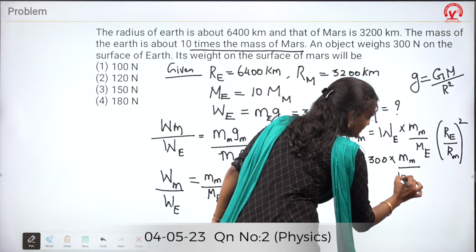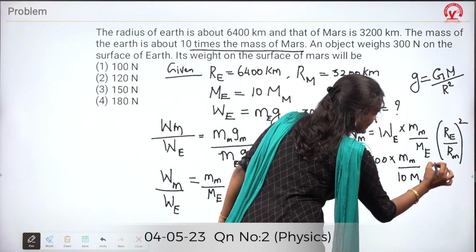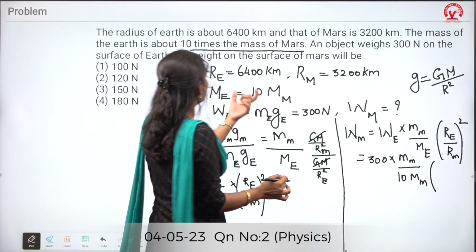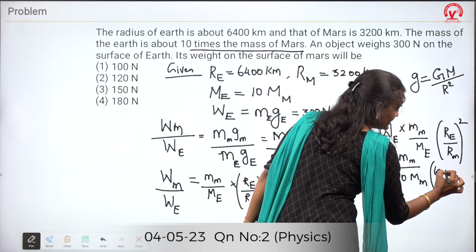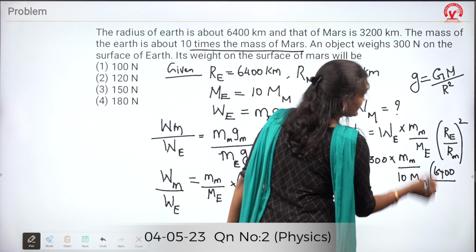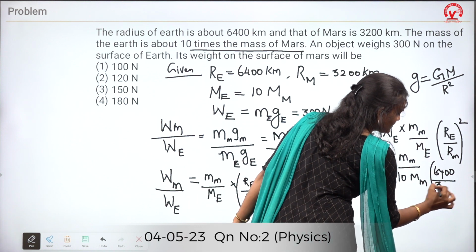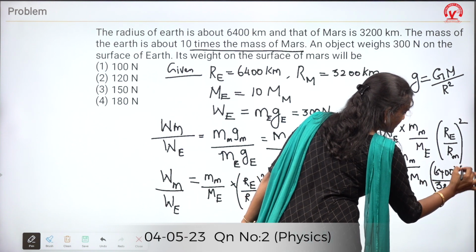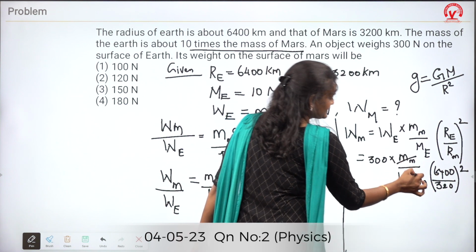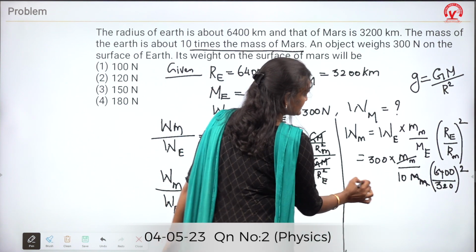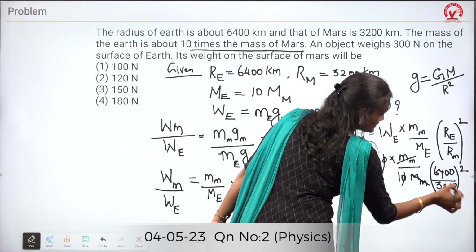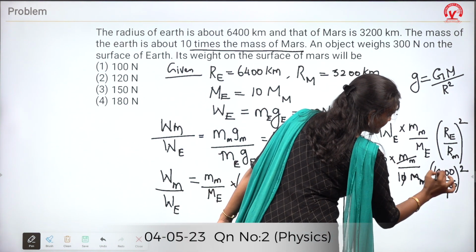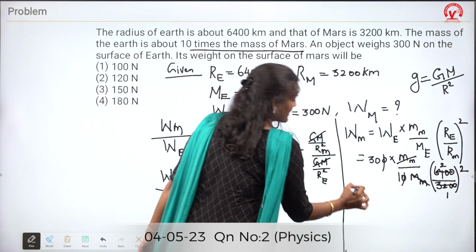So 10 into mass of Mars, and Re, the radius of earth, they have given us 6400 kilometer, and radius of Mars is 3200 kilometer, the whole square. Now this M gets cancelled. 6400 divided by 3200 is 2 times.